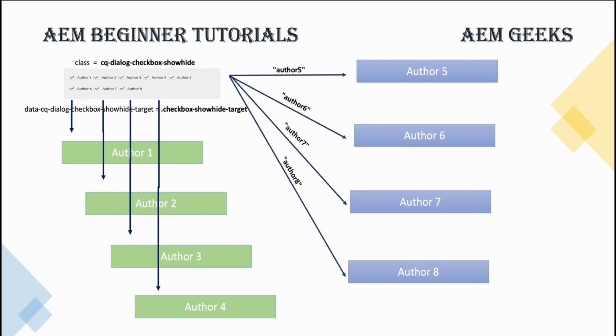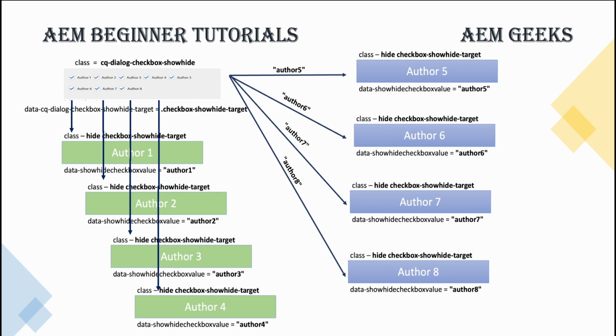Now we'll add the classes hide and checkbox-showhide-target to the targets, right? Two classes: hide, to hide these containers or tabs, and another class, using which we'll find these fields. We also added another data element called data-showhide-checkbox-value. You can add any name here, right? We'll use these names in our event handler.